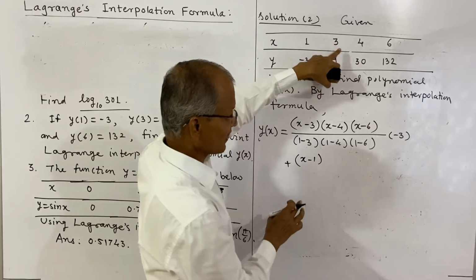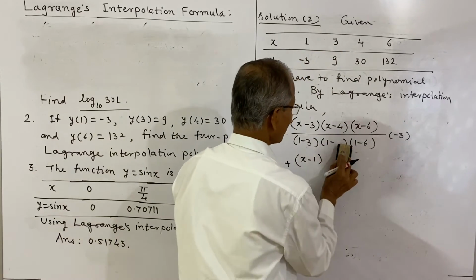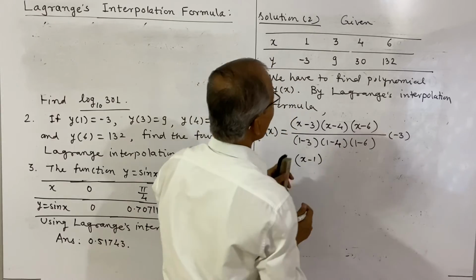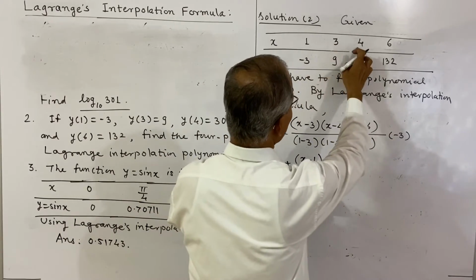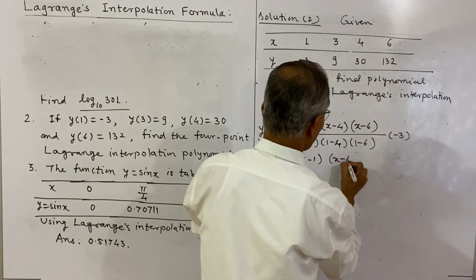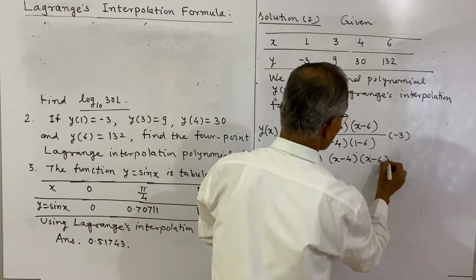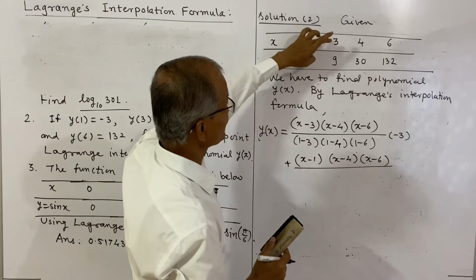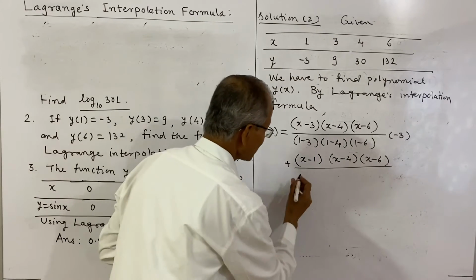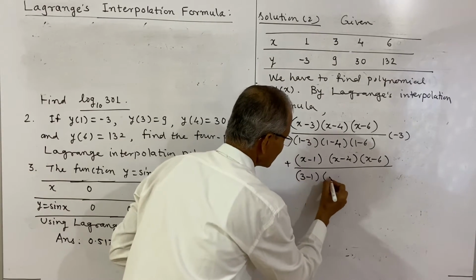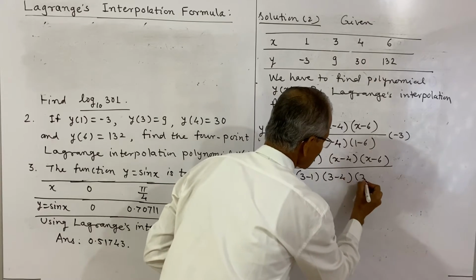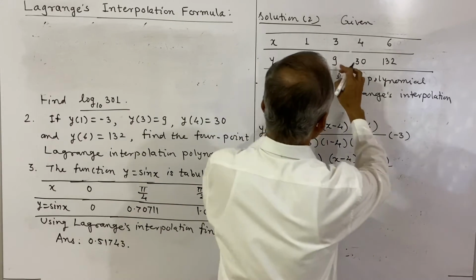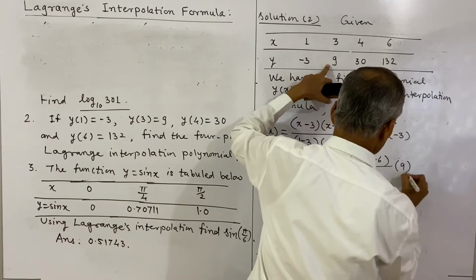At numerator, you remember, we don't have to take this value, and this is x minus 1, x minus 4, x minus 6, divided by, at denominator we have to take this value of x, which is 3. Replace x by 3.